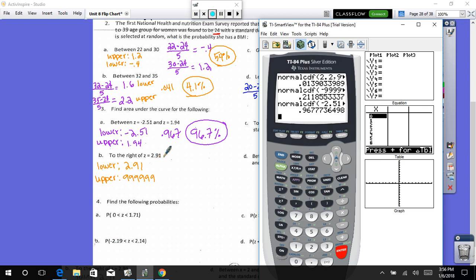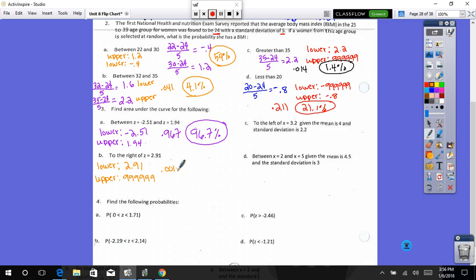Again, I know how far left, I do not know how far to the right. So 0.0018, or 0.18%.